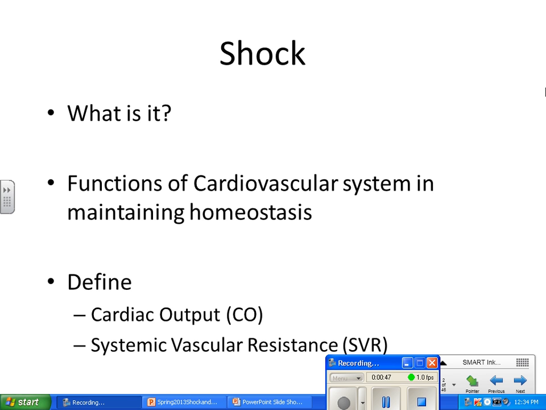So we have basically in shock tissue perfusion that is inadequate to deliver nutrients and oxygen to the tissues and to the organs and the cellular function. And then our body will go into some compensatory mechanisms to return our bodies to homeostasis.